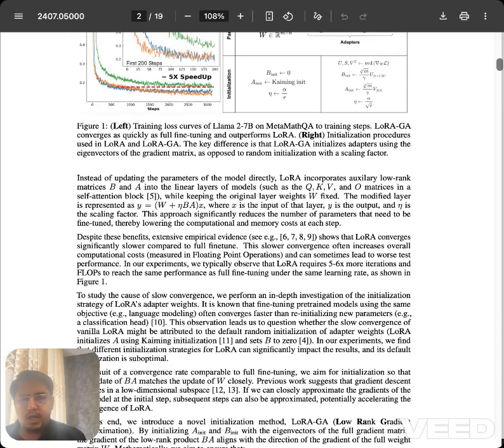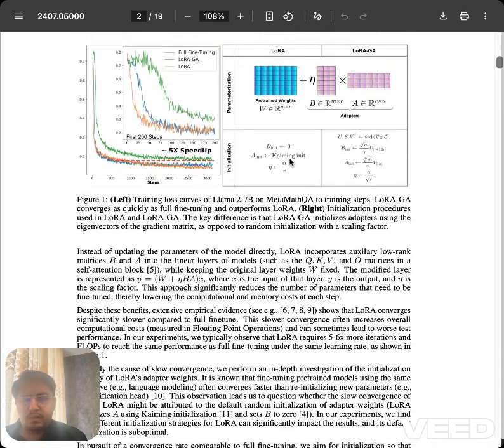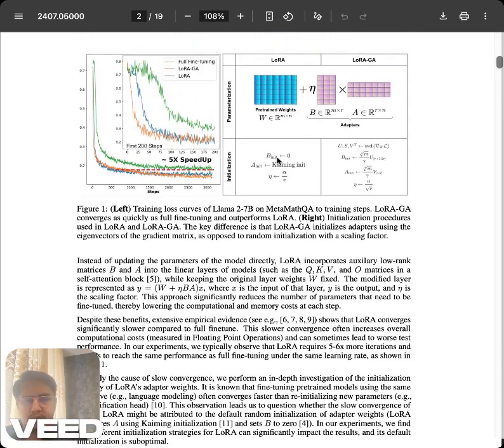So if we look at the figure here, instead of initializing B to 0 and A with Kaiming initialization, as well as eta as alpha by r for the vanilla LoRA, they are proposing to do this using SVD style decomposition on the gradient that initializes the adapter matrices on top of the gradient eigenvectors.